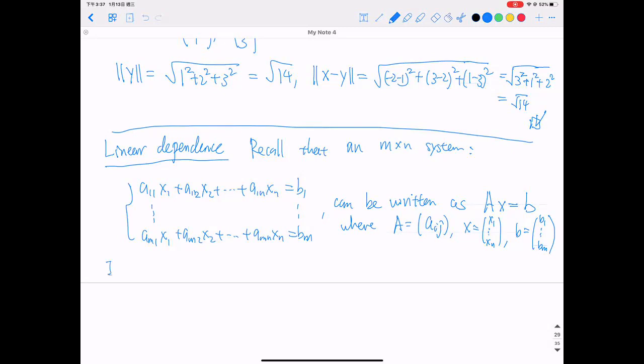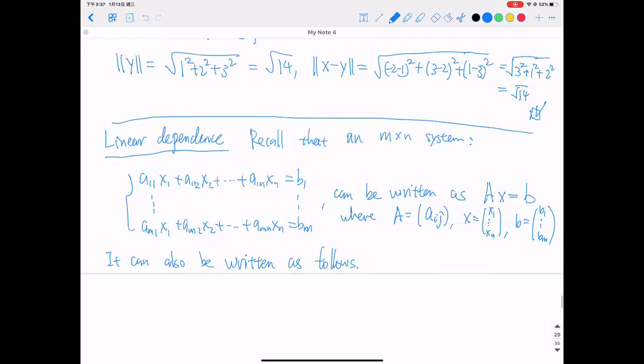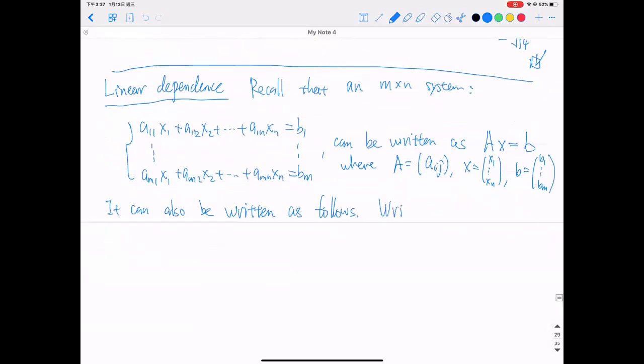It can also be written as follows. Remember, one way of thinking about a matrix is to think of it as the collection of its columns.